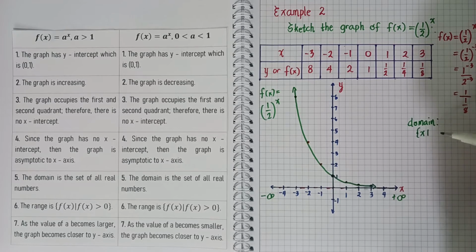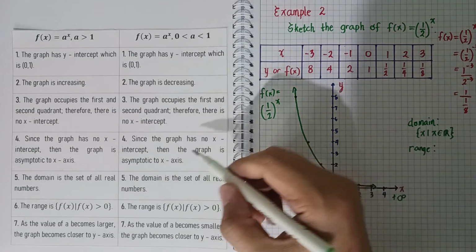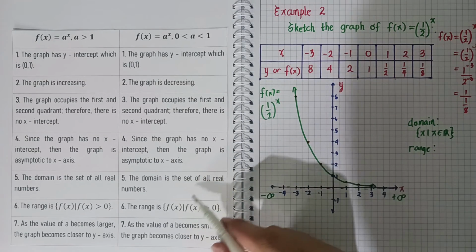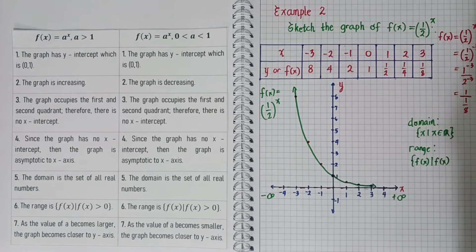So, x such that x is an element of all real numbers. And for the range, so katulad kanina, the domain is the set of all real numbers. Yung range natin ay, pagka ganito, ang given natin, f of x such that f of x is greater than 0.